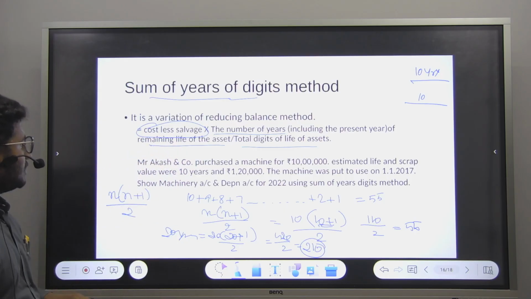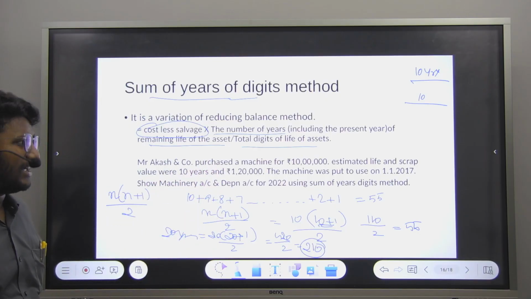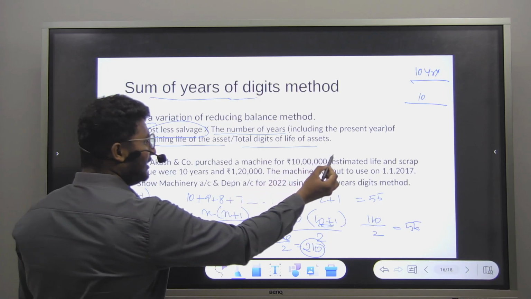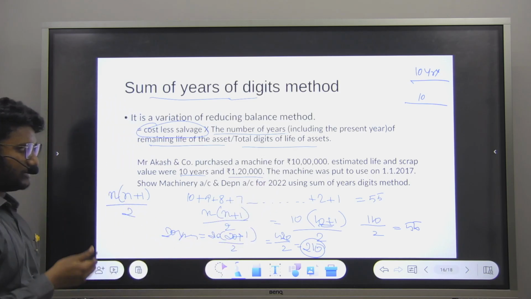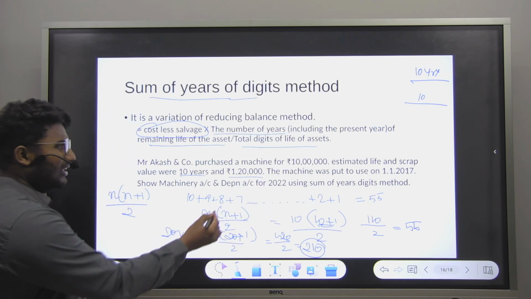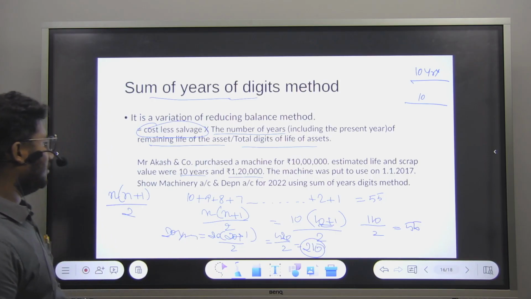Let us take the question. Mr. Akash and company purchased a machine for rupees 10 lakh. Estimated life and scrap were 10 years and 1,20,000. The machine was put to use on 1/1/2017.